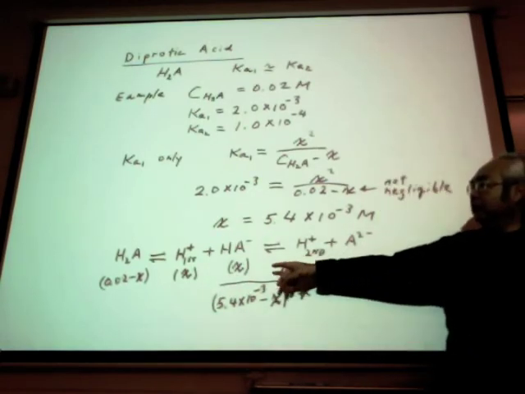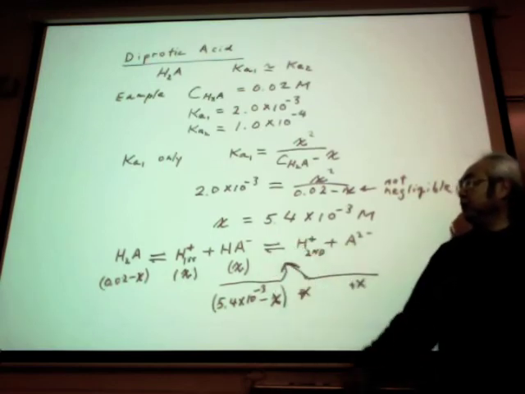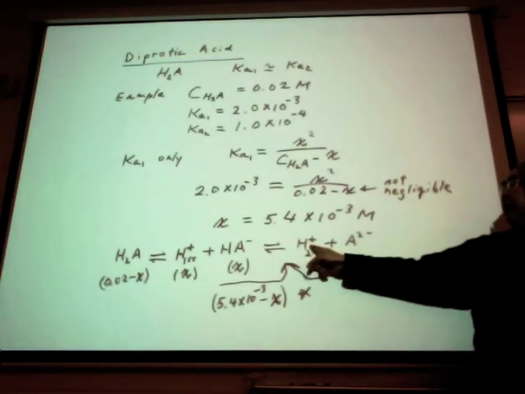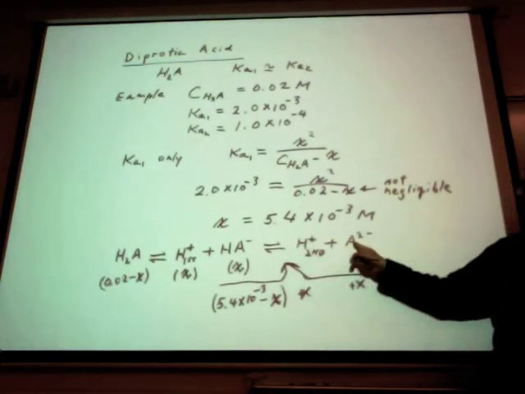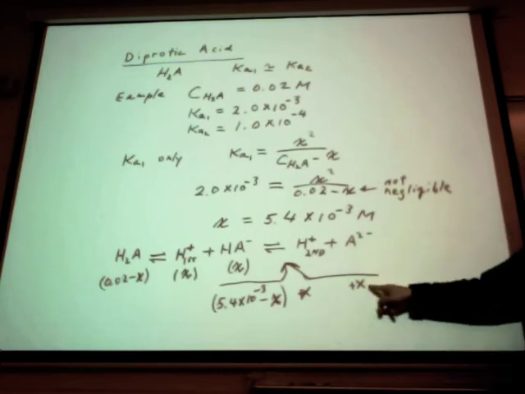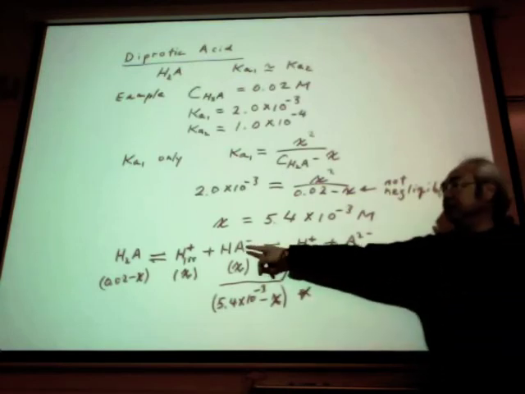Now we're going to include Ka2 into the picture. This species is going to ionize into this one as well as this one. So this is going to generate the X for A2 minus, specific for this acid.